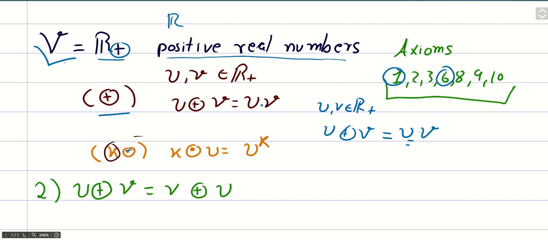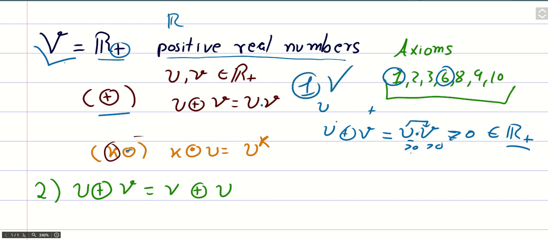Both are positive. That means that the result will be positive as well. Yeah, so they are positive. That means that when you multiply two positive numbers, you obtain also a positive number. Therefore, the summation also gives you a positive number. Therefore, it lies in the same space. So the sum is closed. So you can say that the first axiom is satisfied.